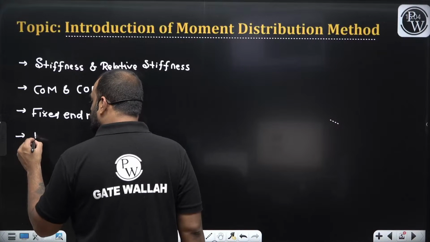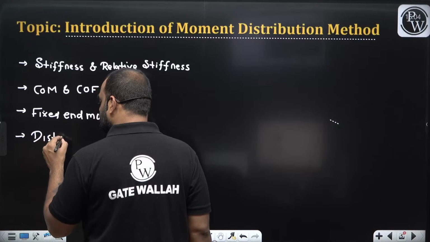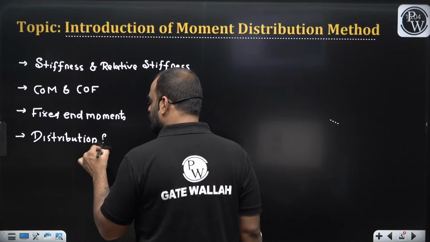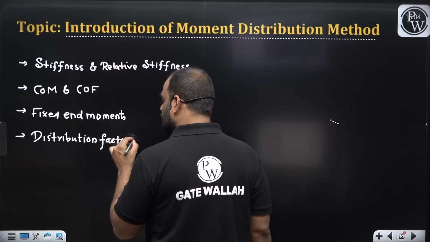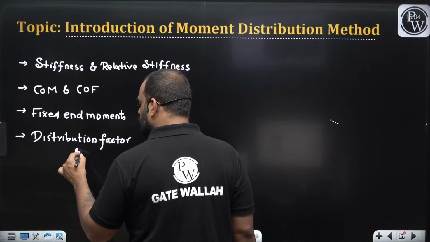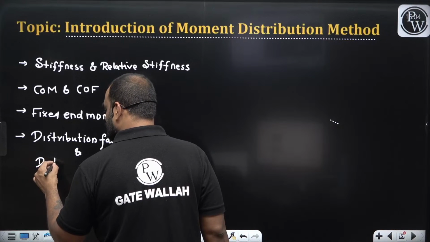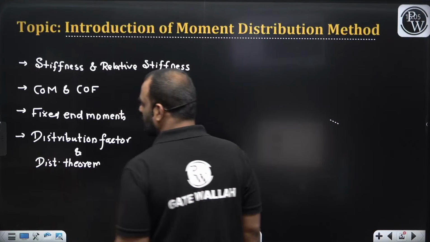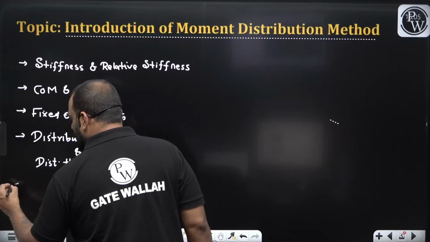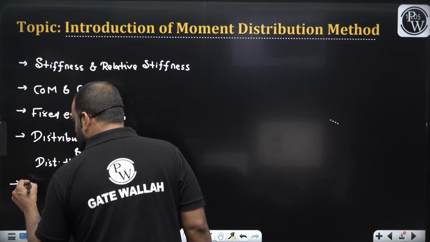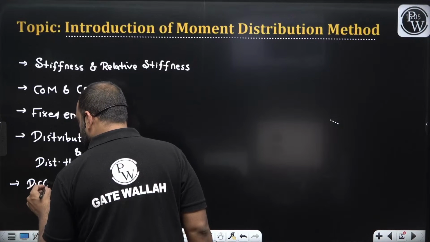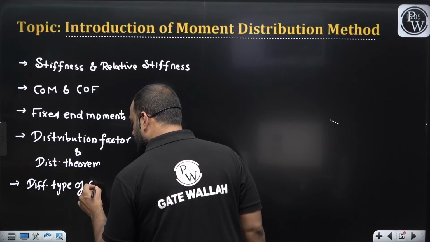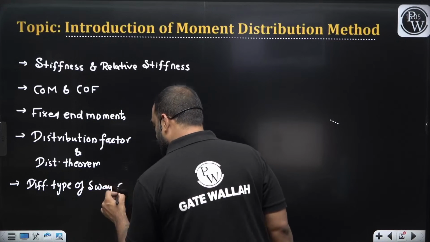Then, guys, we need to understand the distribution factor, what is distribution factor, as well as distribution theorem. Okay, after understanding the distribution factor and distribution theorem, we'll discuss the different types of sway condition.